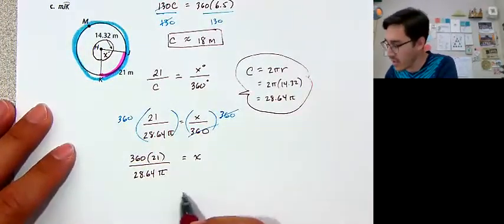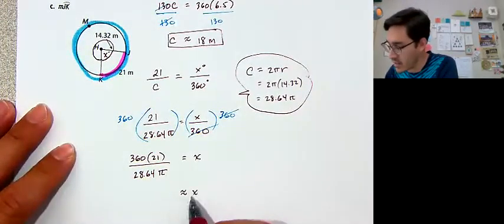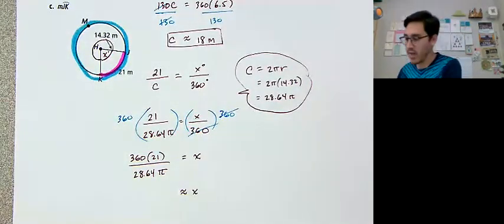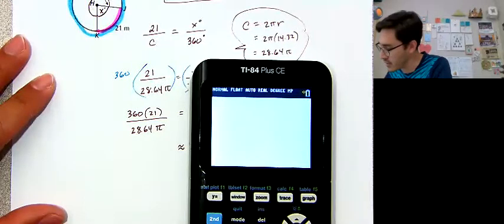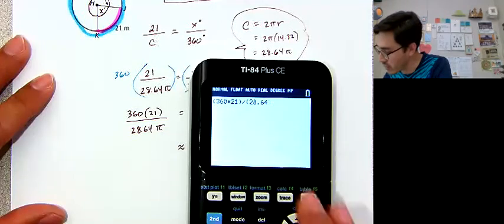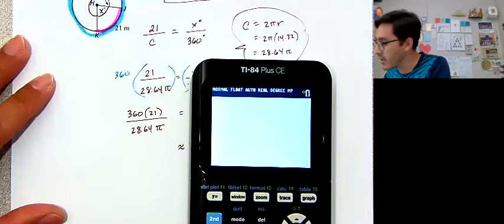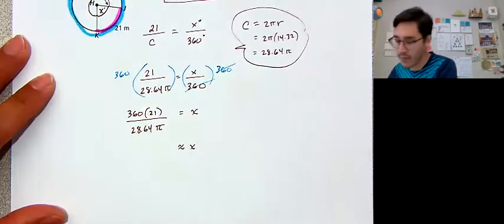We'll use our calculator now to get an estimation of that. So 360 times 21, that's our numerator, divided by 28.64 times pi, that's our denominator. We get about 84.